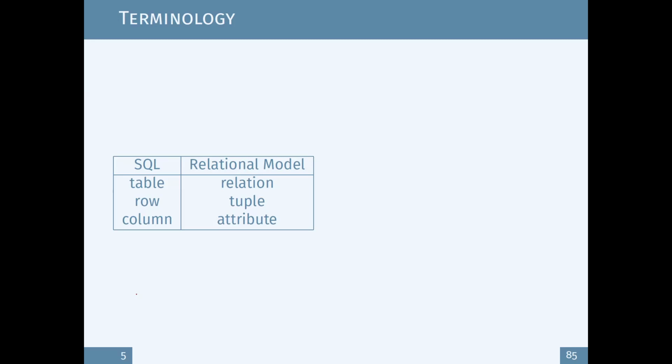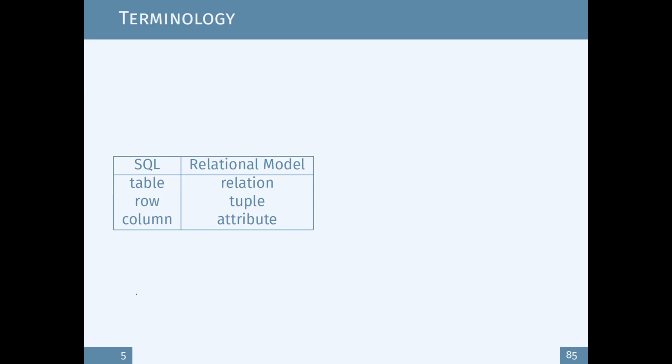Remember, I use the term relation, and sometimes tuple and attribute, in the relational model. These are the terms we usually use. When it comes to SQL, all the relations we talk about are tables, like employee table, project table, department table, likewise. Then we talk about the individual data points as rows.